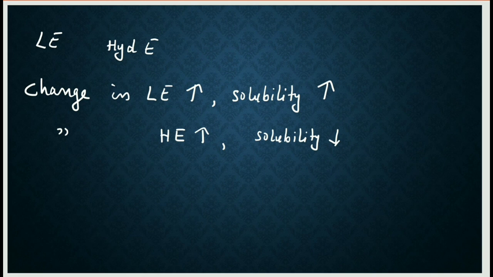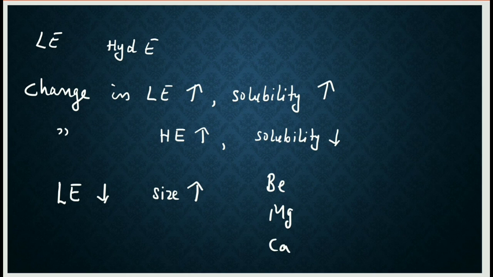And the lattice energy depends upon the size. Lattice energy decreases when size increases. So beryllium, magnesium, calcium, which has the highest size? Calcium has the highest size, so its lattice energy will be low, and for beryllium the lattice energy is high because the size is small.